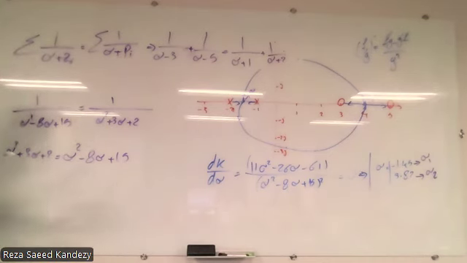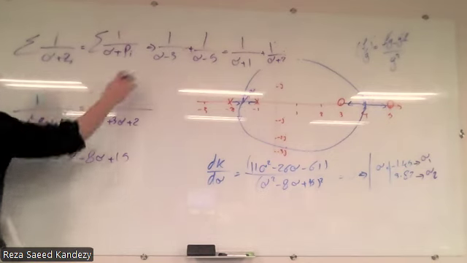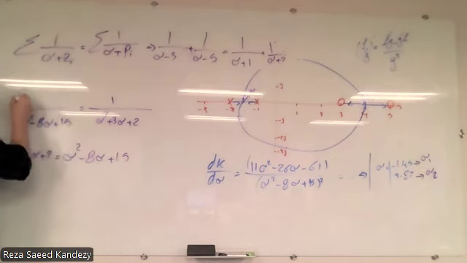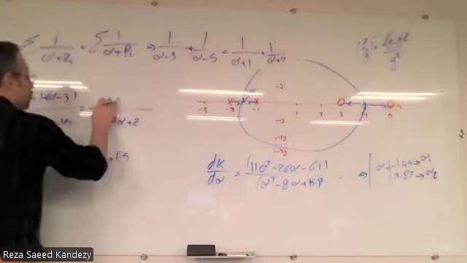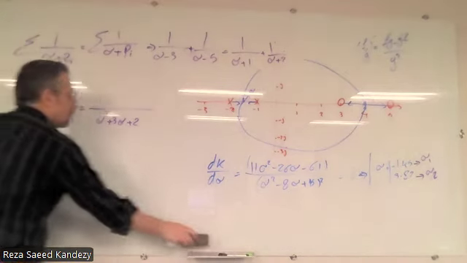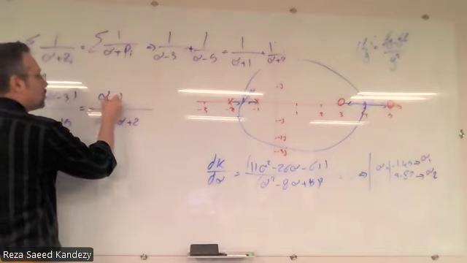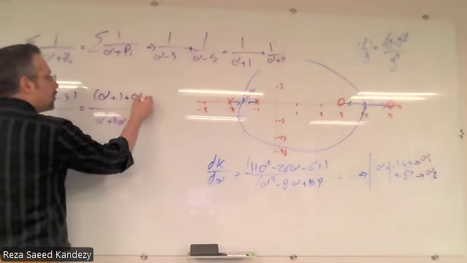Are we good? Did I make it right? No, that is not right, because here we also are going to have delta minus 5 plus delta minus 3, and here we are going to have delta plus 1 plus delta plus 2.